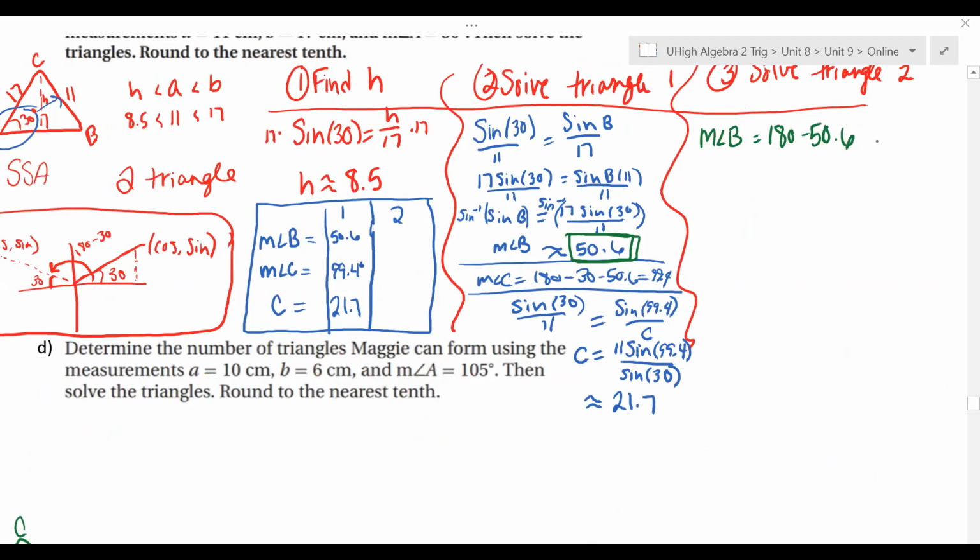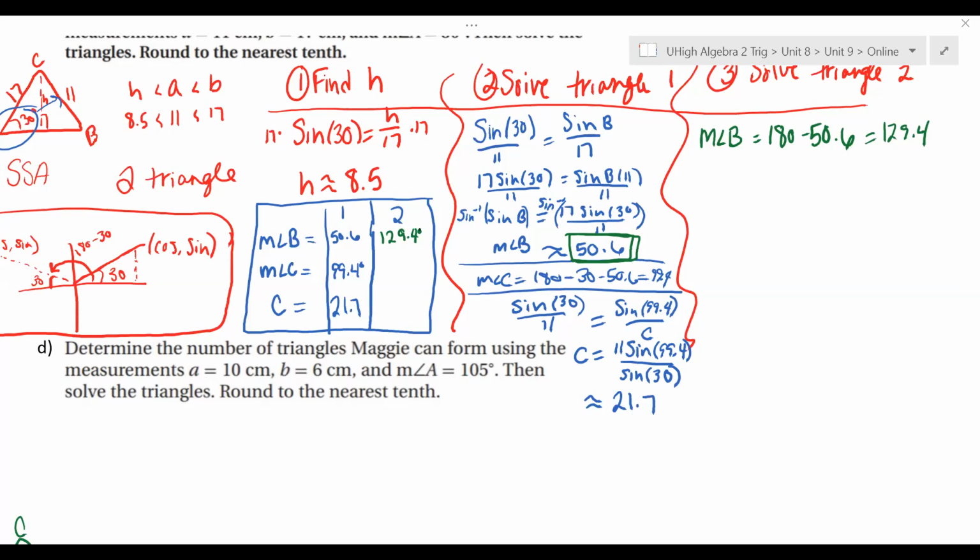When I do this, I find that the measure of angle B is going to be 129.4. So that's all I have to do to find this new measure of angle B. And now I'm going to solve this second triangle like normal.